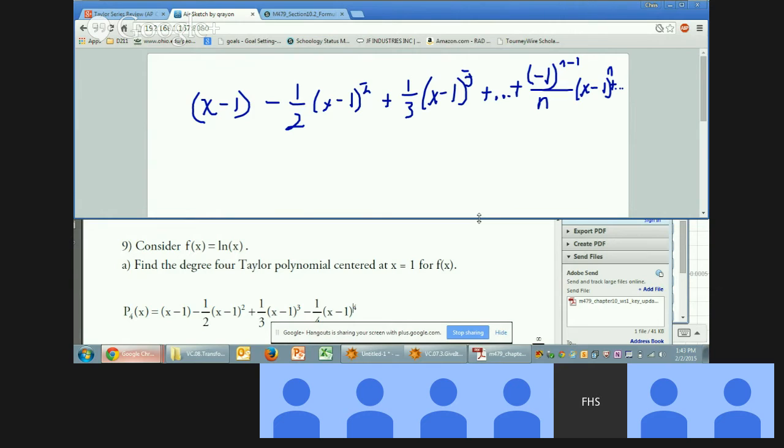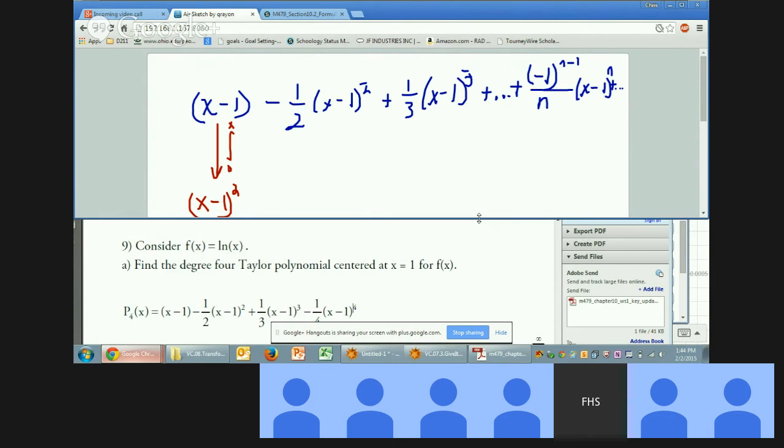That's the original infinite series. To integrate it term by term, you can just integrate each one from 0 to x. So this would be x minus 1 squared over 2.